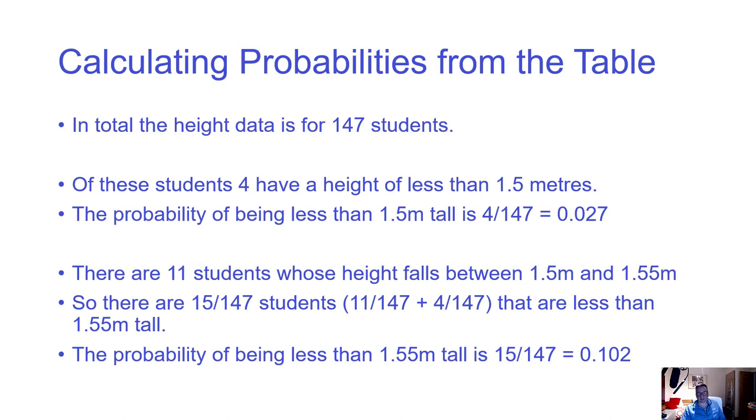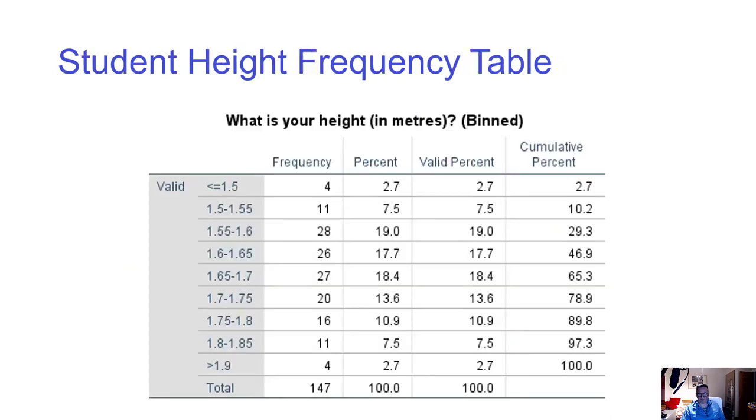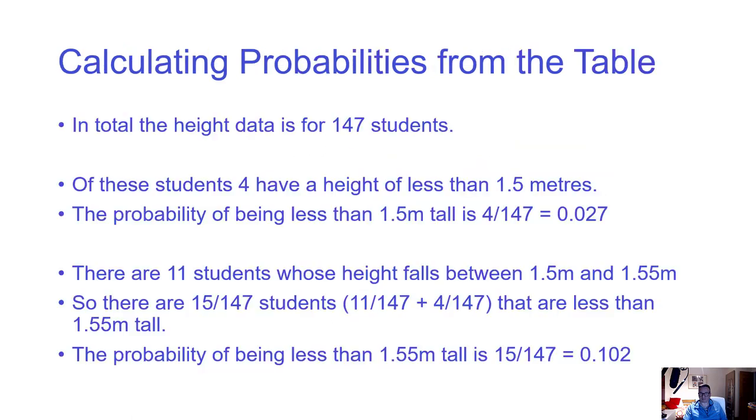The probability is 15 over 147, which is 0.102. If you look back at the chart, that corresponds to the cumulative percentage of 10.2. There's actually 7.5% in the range 1.5 meters to 1.55 meters.